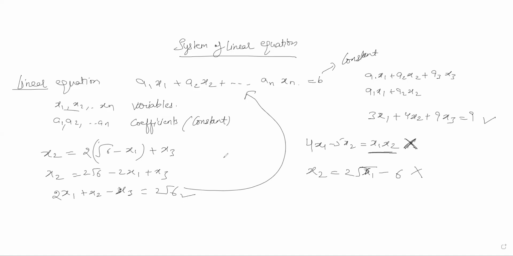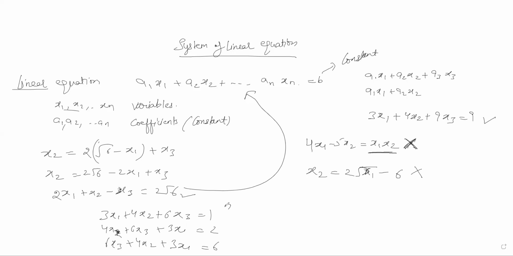And when we say a system of linear equations, right? This means we are talking about the collection of all these equations. Maybe I am talking about like 3x1 plus 4x2 plus 6x3 is equal 1, 4x2 plus 6x3 plus 3x1 equal 2, 6x3 plus 4x2 plus 3x1 is equal 6.